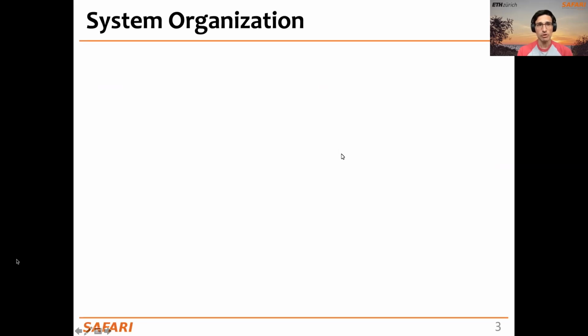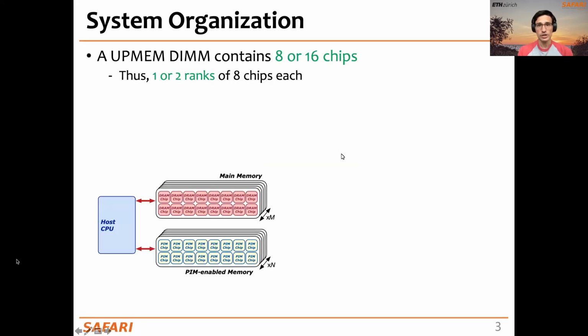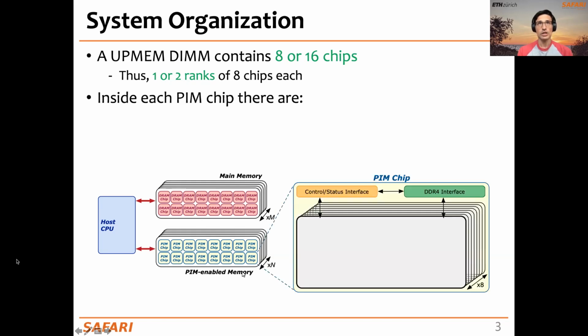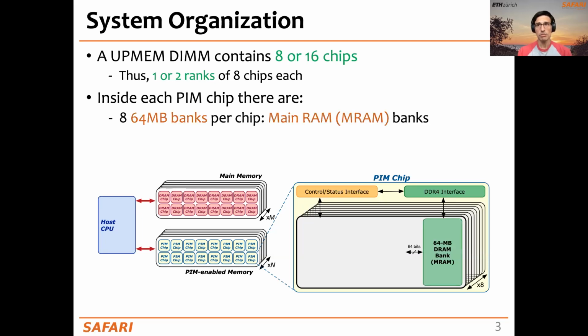Remember that the system organization consists of a host CPU that is connected to some DRAM DIMMs that behave as the main memory of the system, and some PIM-enabled DIMMs from ABMEM. Each of these DIMMs contains 8 or 16 chips, and inside each PIM chip, there are 8 DRAM banks.